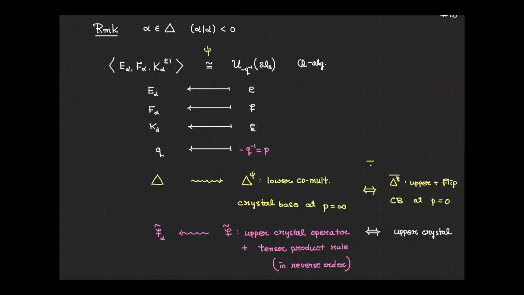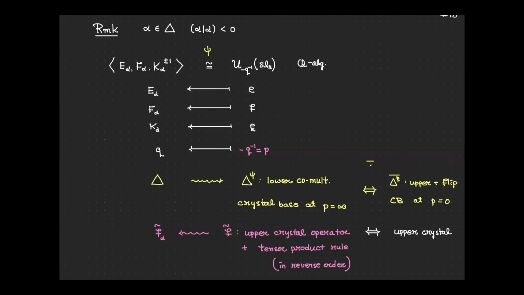And here the co-multiplication is the lower one. So if we translate it to p equals 0, then we have to apply the bar involution. Then the corresponding co-multiplication becomes the upper co-multiplication with the sign order flipped. So if we want the crystal operator here, it corresponds to the upper crystal operator.